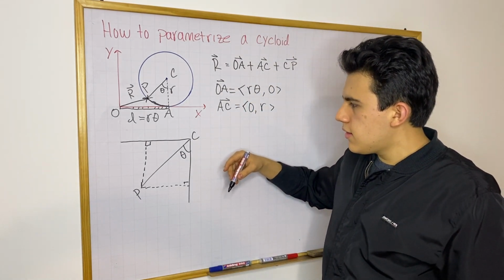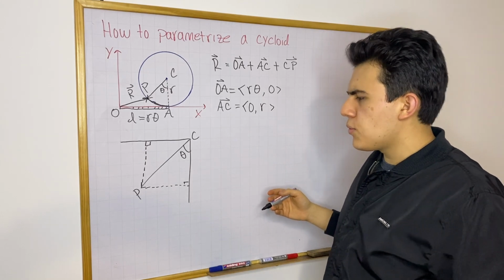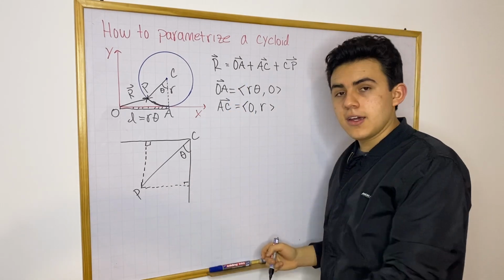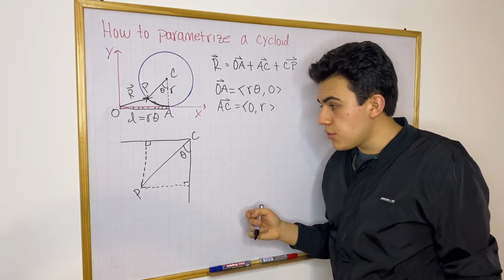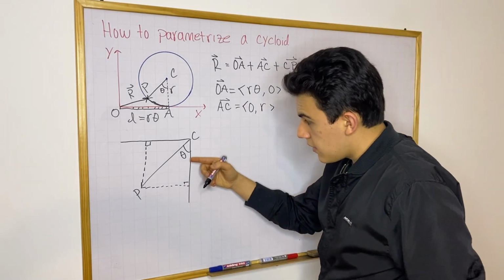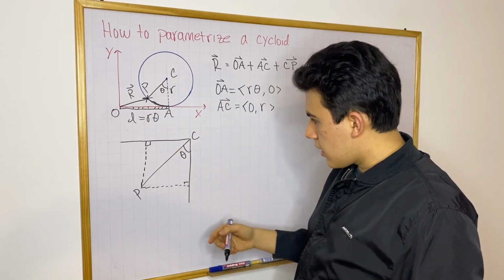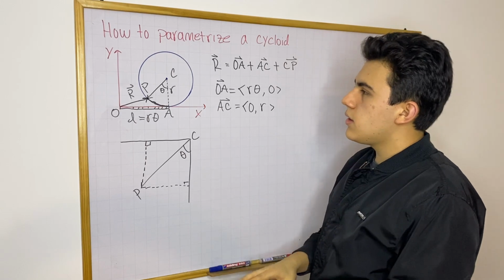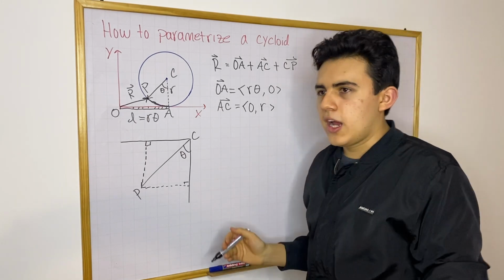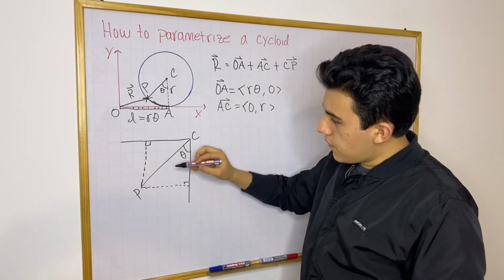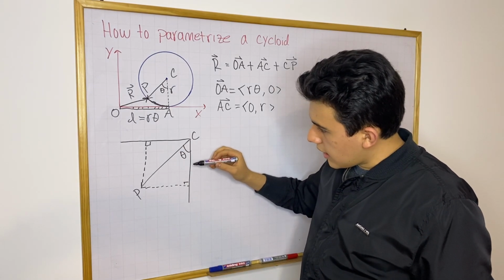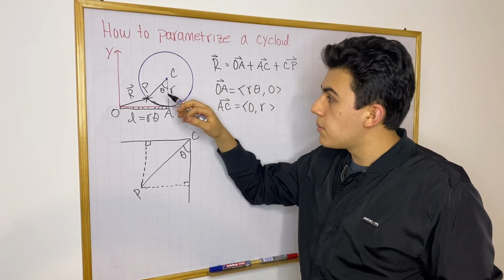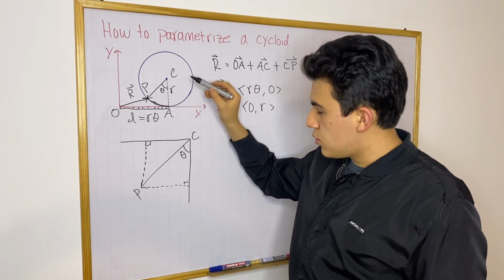So the only thing we need to ask is, what are the horizontal and vertical components of CP in this diagram? Given this theta, to find the vertical component you need the magnitude of CP. Again, this wheel is not changing, so the magnitude of CP will be equal to R.